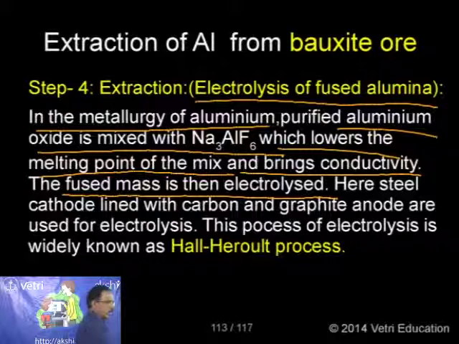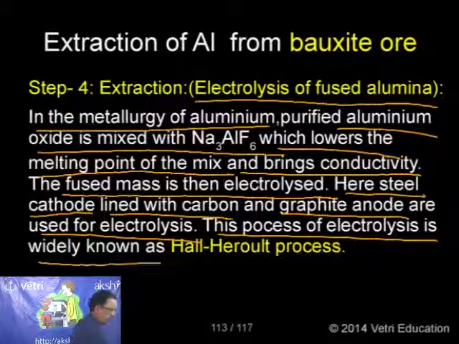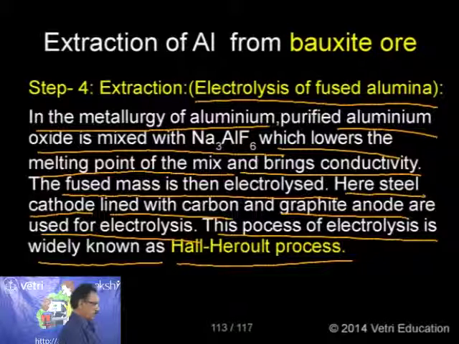Here a steel cathode lined with carbon and a graphite anode are used for electrolysis. This process of electrolysis is widely known as the Hall-Héroult process.